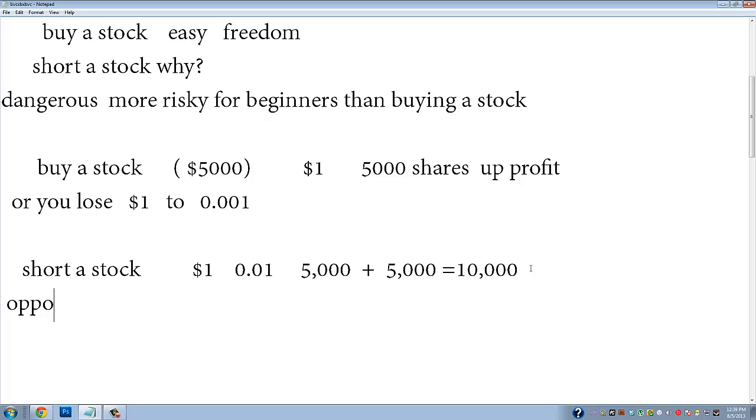Now, what will happen in the opposite case? If your stock goes the opposite way, for example from $1 it goes up without limit. Unlimited means it can go from $1 to 100,000 or more.